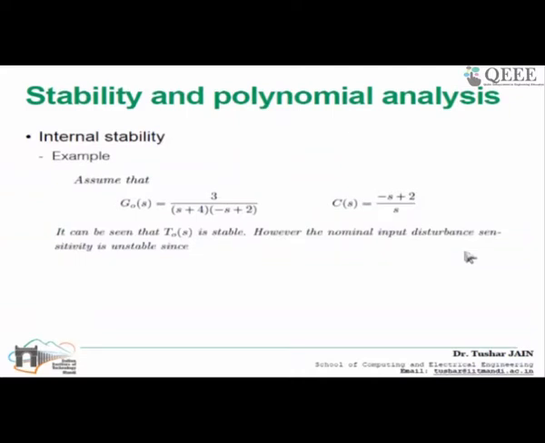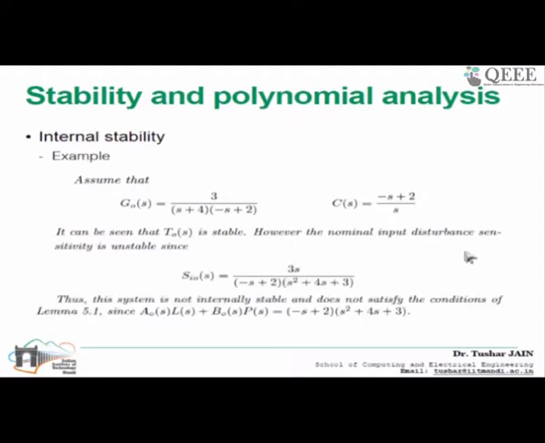The input disturbance sensitivity function is unstable, because if you compute this sensitivity function SIO within the gang of 4, you see that we have one pole on the right hand side, meaning that this system is not internally stable. You have to visualize all the 8 transfer functions, or at least the gang of 4, to see whether your system is internally stable or not, not just the transfer function from the set point to the output.